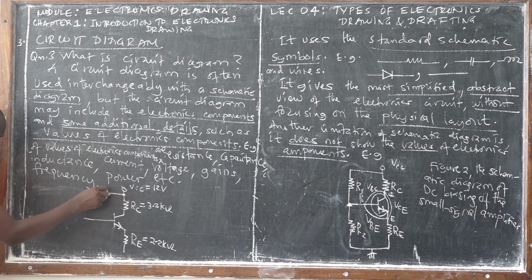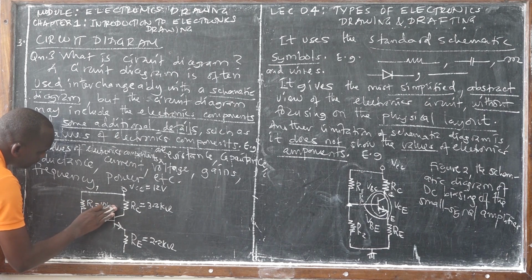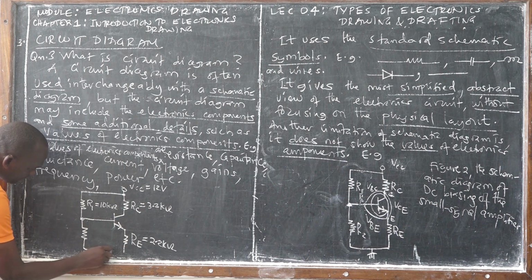Then we have to connect R1 to the power supply and the base of the transistor. Suppose that the value of the resistance of R1 is 10 kilo ohm. Then we also have R2, and we have ground.